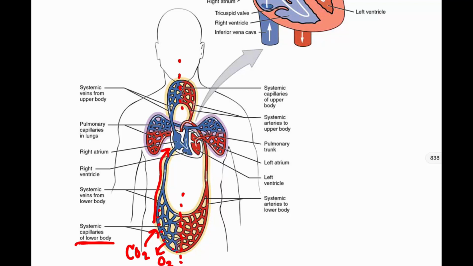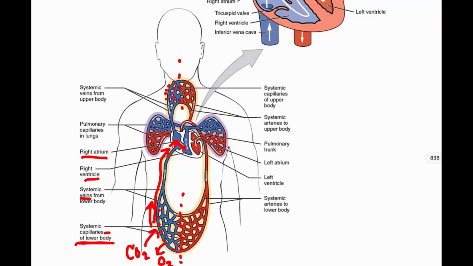We have our capillaries, which are our smallest vessels. Those capillaries are all going to join together and get into some veins from the lower body, bringing it up to the heart. It's going to go into our right atrium first, and then into our right ventricle. Up here, also part of the systemic circuit, we have our capillaries from the upper body.